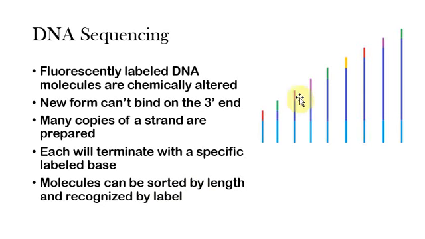You can see in this diagram that each one is only slightly longer than the previous one, but there is no way to mix them up. They're completely distinct lengths, and so by separating them by their lengths, you can then read the fluorescent label one at a time in order to see the sequence.